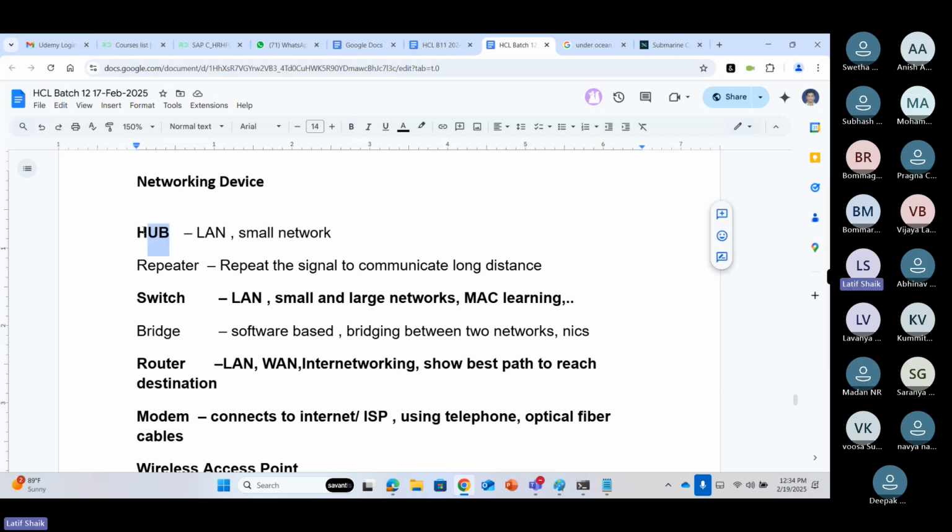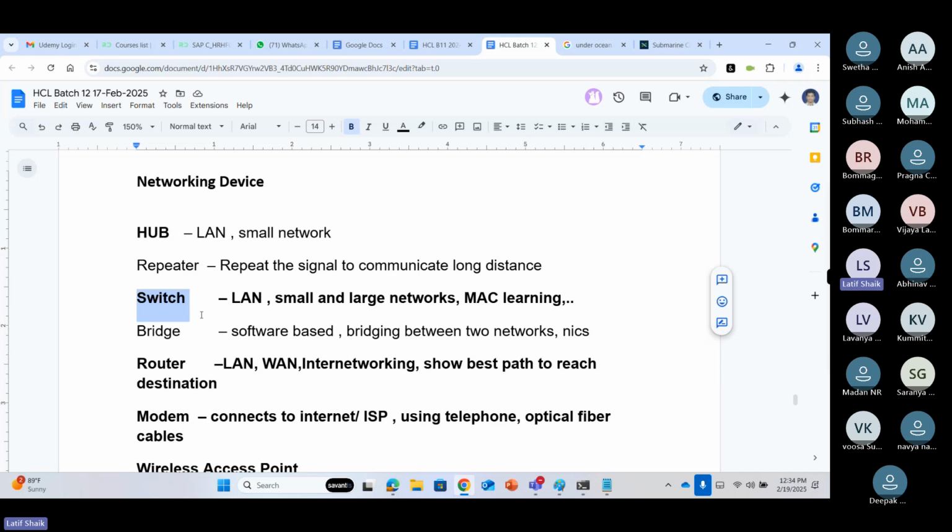Hubs and switches are mainly used for LAN communication. A hub is used for small networks. A switch is used for both small and large networks. Small and large network means the number of devices in the network. For a small number of devices, a hub is enough. If I have 4 systems, a hub is enough.